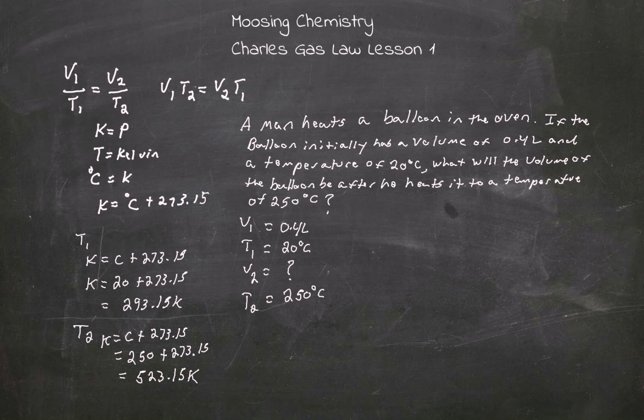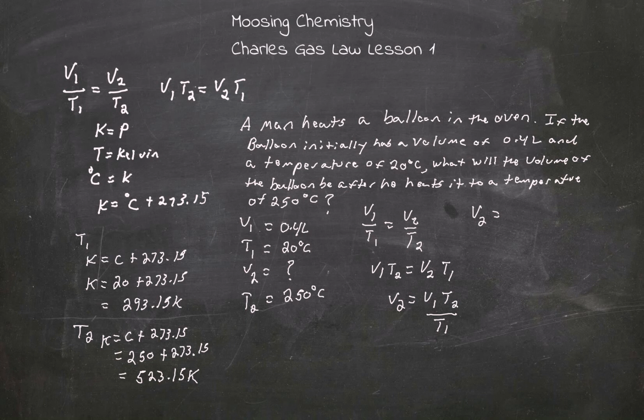So now let's go ahead and set up our original Charles' law, V1 over T1 equals V2 over T2. Now we're going to go V1 T2 equals V2 T1. Now we want to isolate for V2, so V2 equals V1 times T2 divided by T1. So now we're going to put our values in.